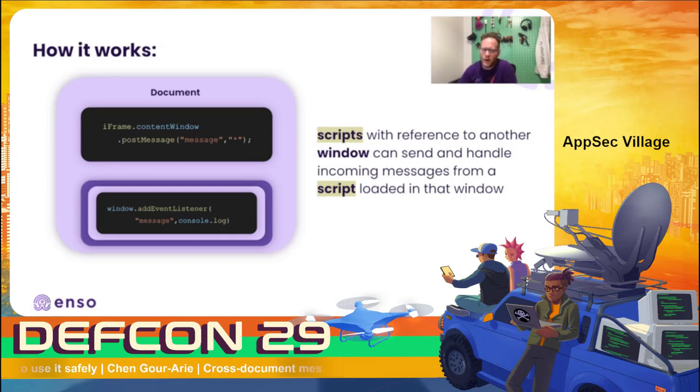They can also handle incoming messages by registering a listener on the message event on the window. This practically allows duplex communication between two different origins, say one page loaded from hacker.com and another page loaded from victim.com. They can still communicate with this technology, as long as they have a reference to each other's windows.